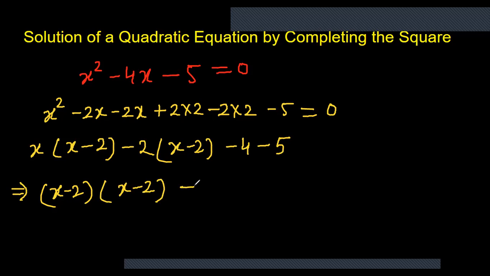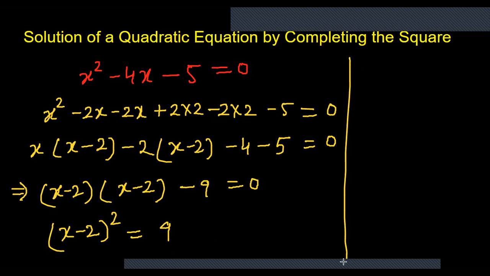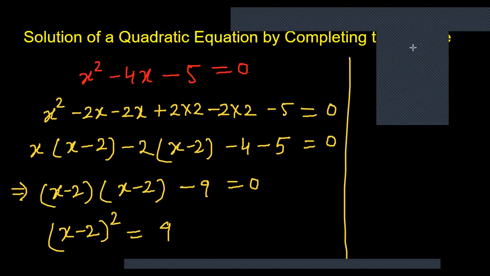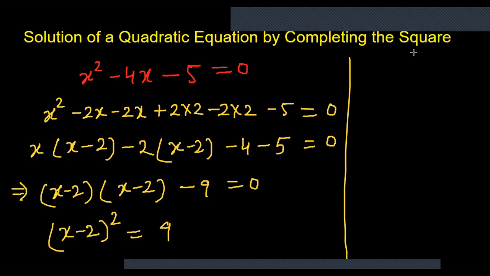Then minus 4 minus 5 would be minus 9, equal to 0. Now in this case, we are getting a similar situation as in the previous example, where we get the whole square of some number equal to 9. This can be solved when we have x minus 2 whole square equal to 9.